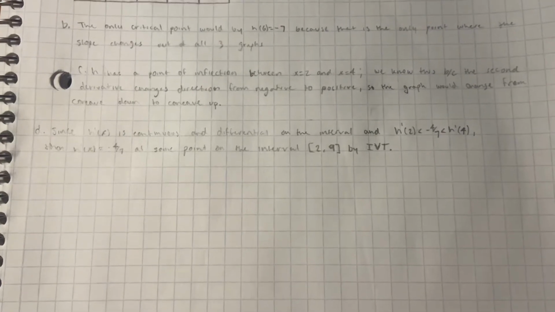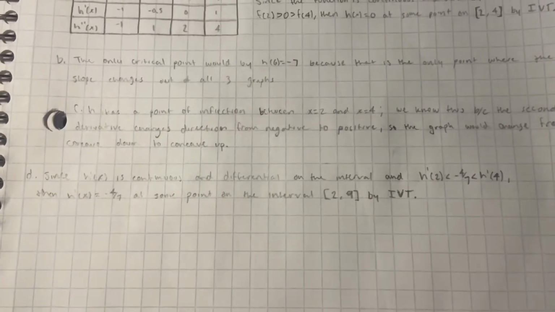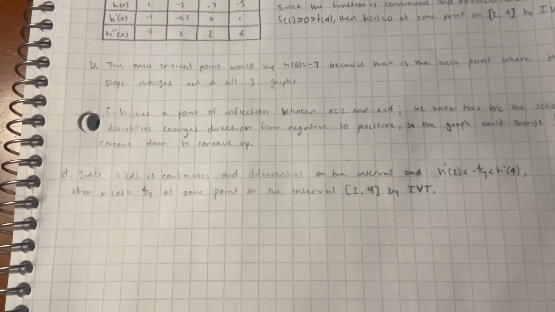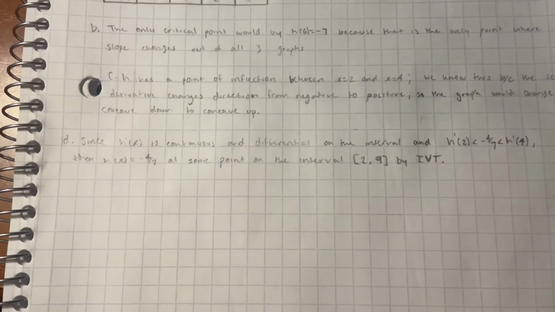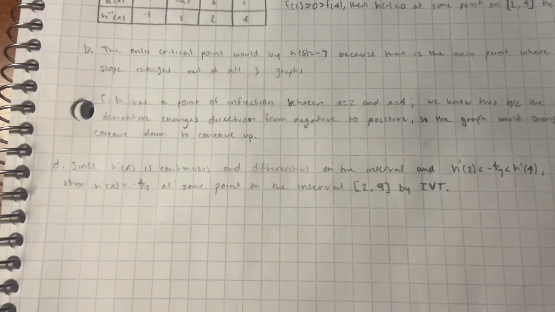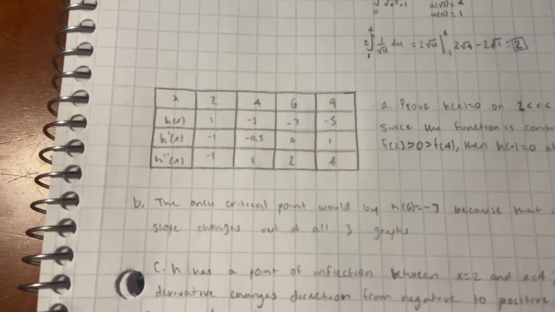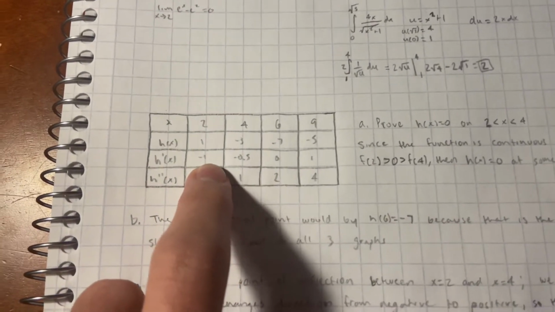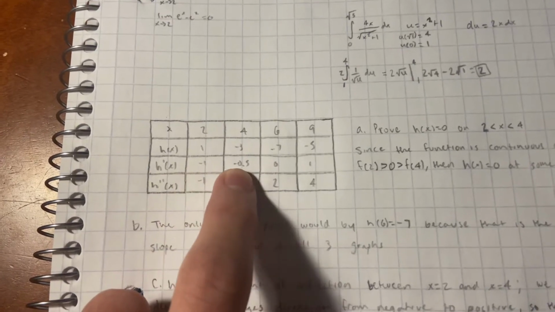And then D is asking, must it be true that h prime of x equals -4/7 for some x value between x equals 2 and x equals 9? And again, looking at our table, we could see that between 2 and 4 even, it will equal -4/7.